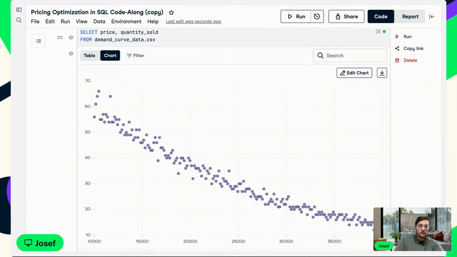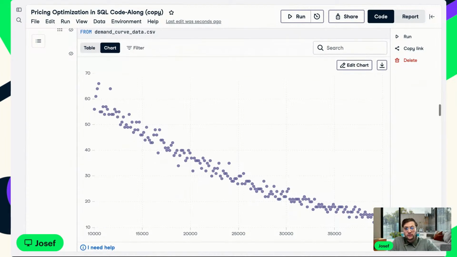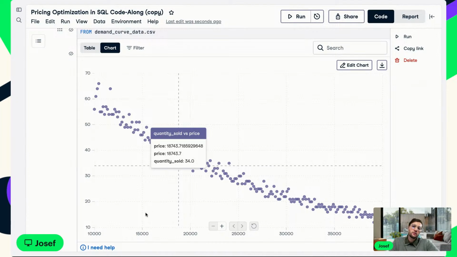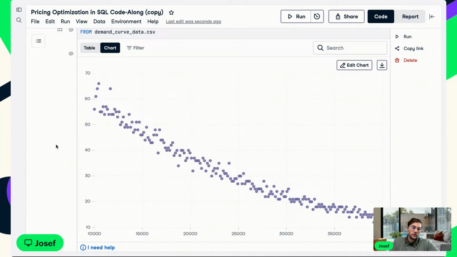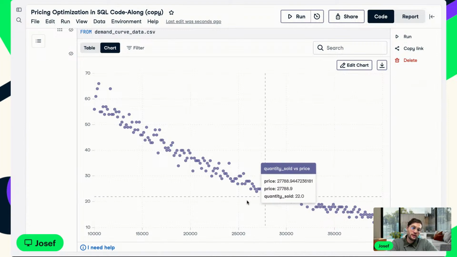And now we can see the relationship in this data set of the price of the products to how much you sell. And there's something that is obvious in this relationship, which is, as you increase the price of the products, the quantity sold decreases. That's obvious, because everyone likes a deal. But you can also see something maybe a little less obvious, which is that there's a little bit of curvature in this line.